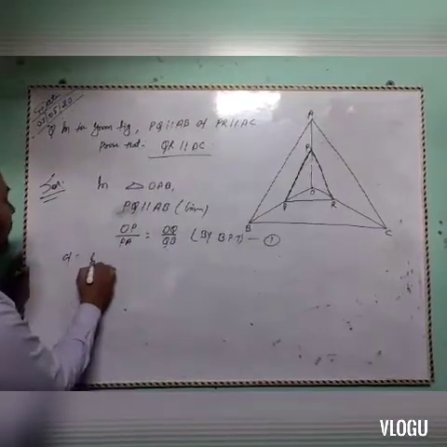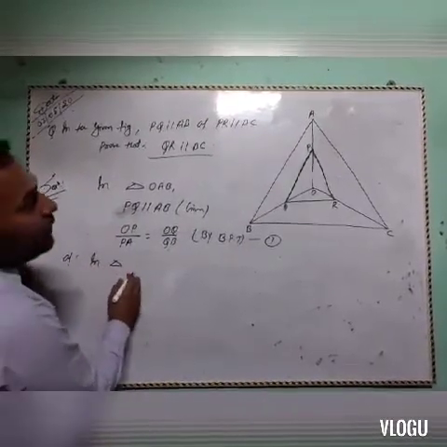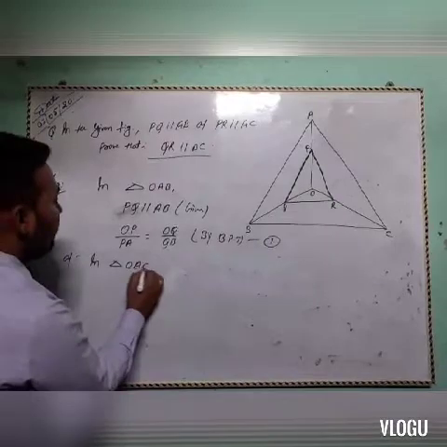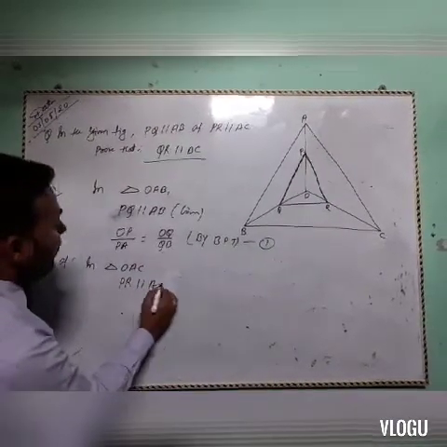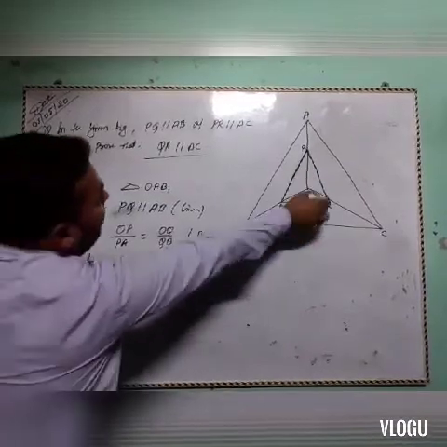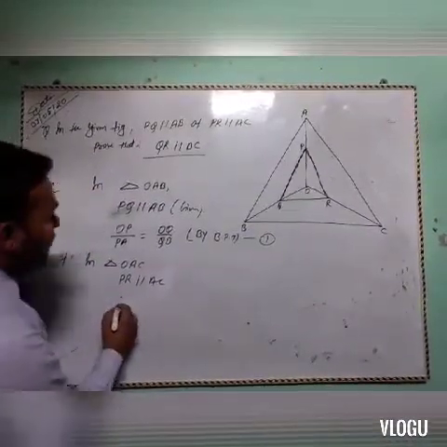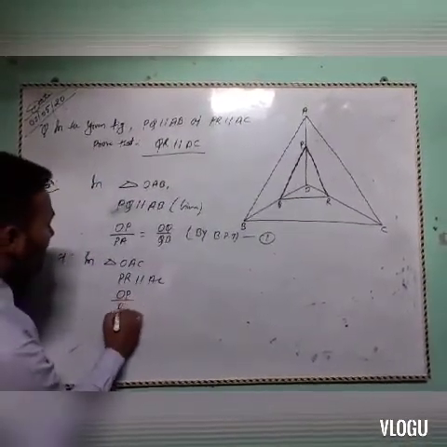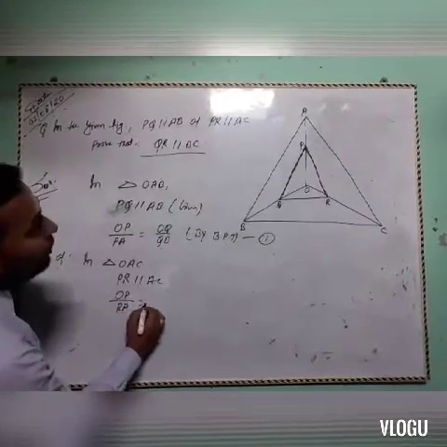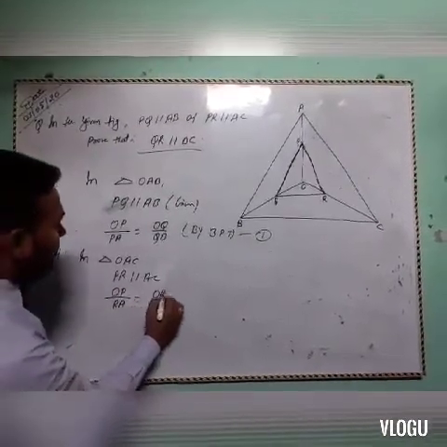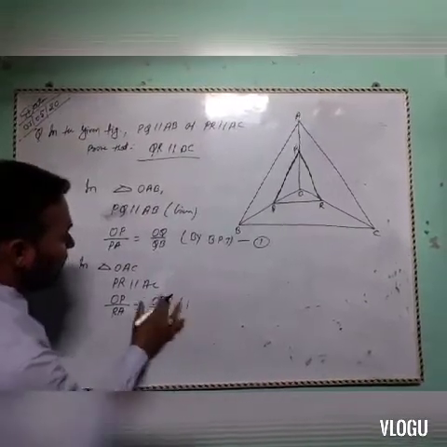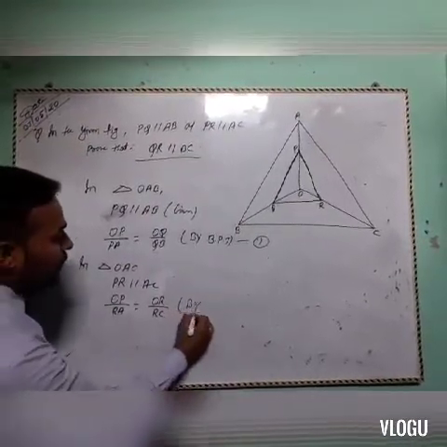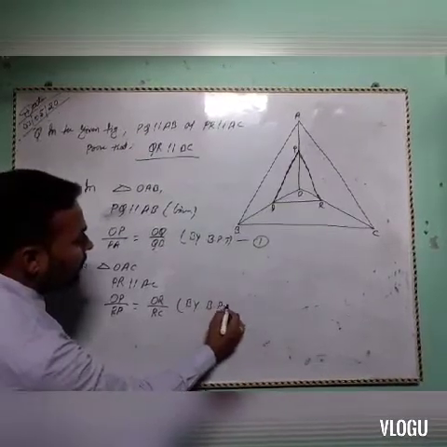And in triangle OAC, PR is parallel to AC. Then we say that OP by PA equals OR by RC by BPT.